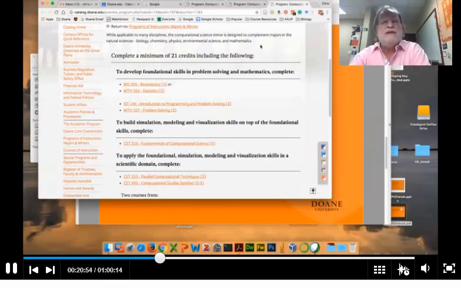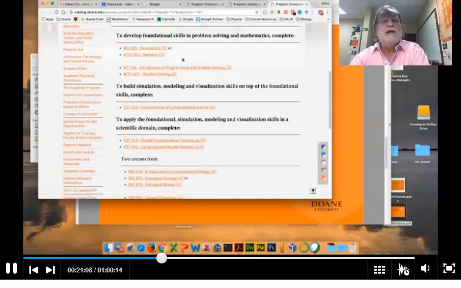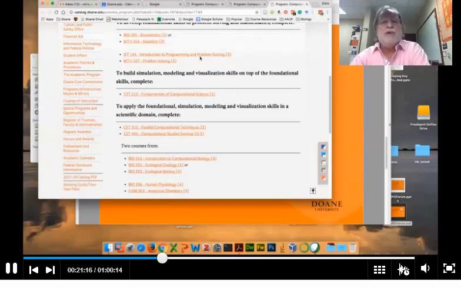It involves some foundational skills in problem solving and mathematics, and so we have a couple of choices that students can choose from there, including either some statistics, either a biostatistics course or a more mathematically oriented statistics course, an introduction to programming and problem solving, and then a math class that is very focused on developing problem solving abilities.